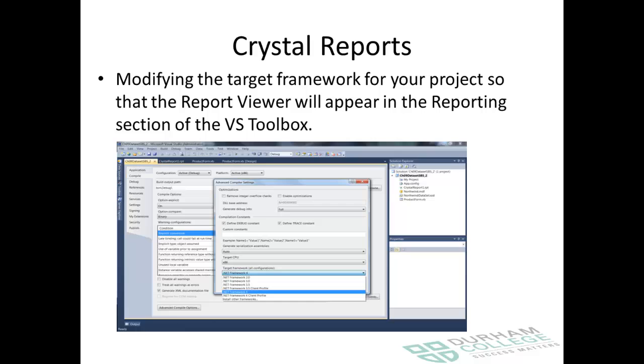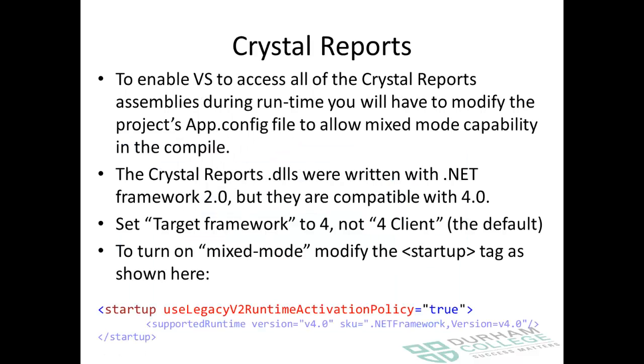And we've got to do a few things in terms of preparation for running this third-party software from within Visual Studio. So first off, we're going to modify the project's app config file. We're going to go ahead and use this interesting little mixed mode tag.